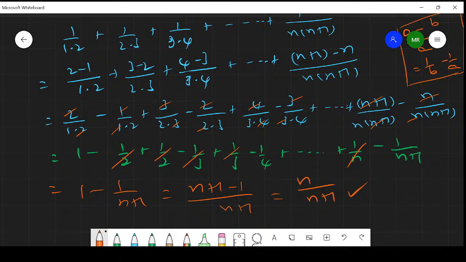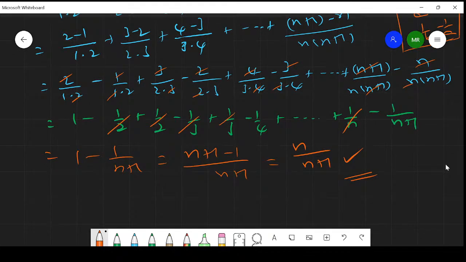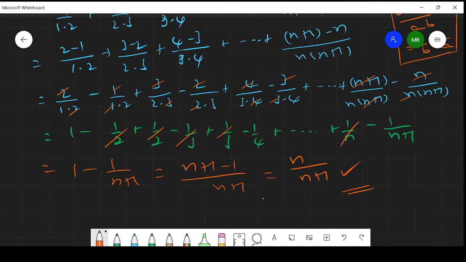I hope you understood this. So with this, I have completed the session. This is an important problem, and they may ask this question in the exam also. With this, I have completed sequence and series completely.